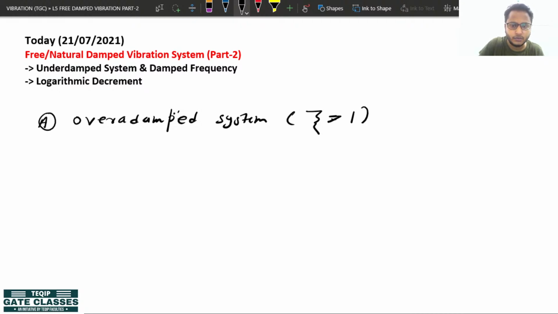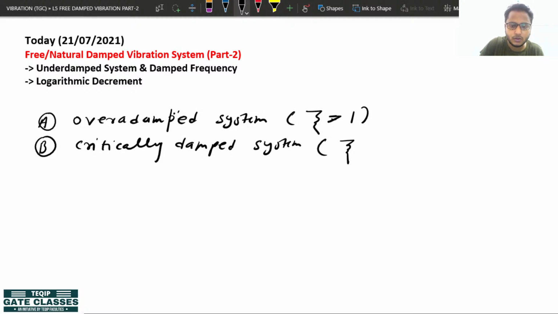It is greater than 1. And for the critically damped system, what will be the value of zeta, the damping ratio? It is 1.